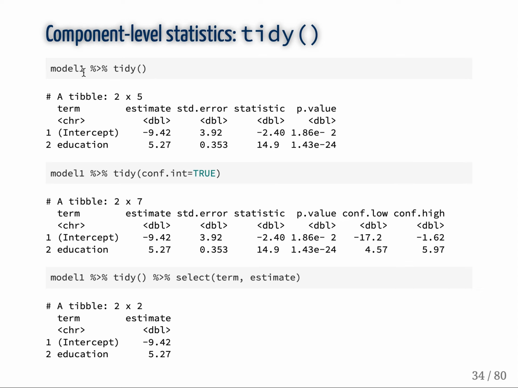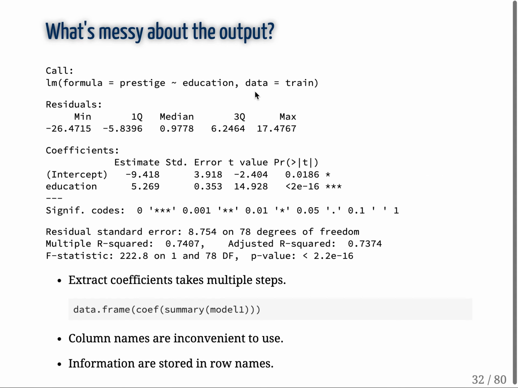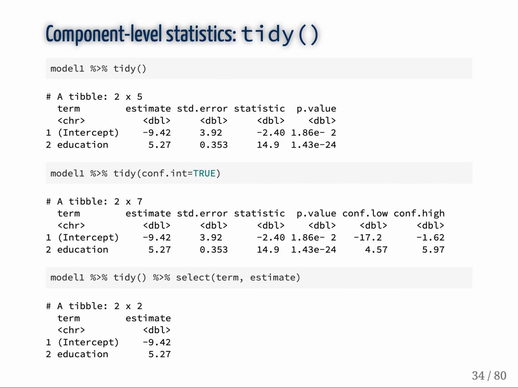So model1, pipe operator, tidy, or else you can write this as tidy(model1). This is just one function call, not like this. Now the information is stored in columns. So now they are not row names, they are stored under a column called term.